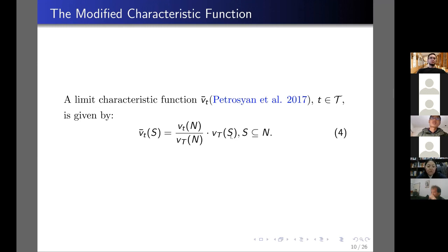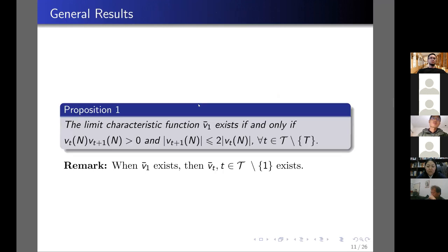Our first result gives the sufficient and necessary condition of the existence of such a limit. Proposition 1 shows that the limit V bar 1 exists if and only if we have these inequalities and such a condition. The first condition means that the worths of grand coalition must always have the same sign.